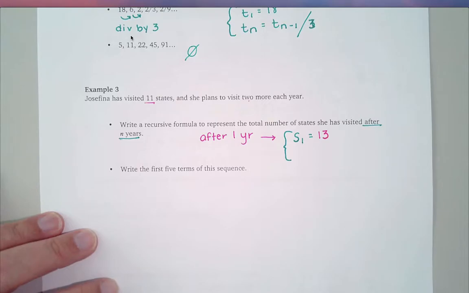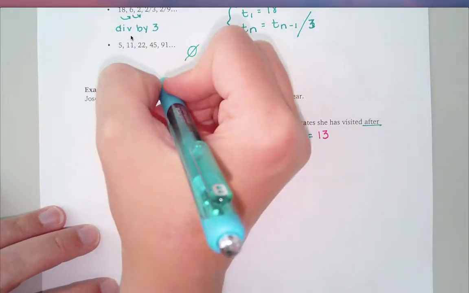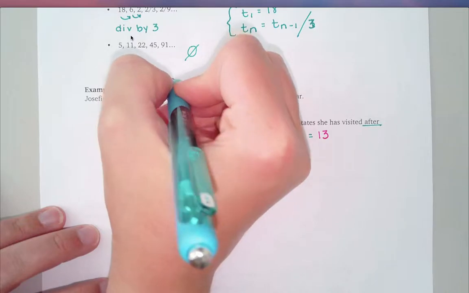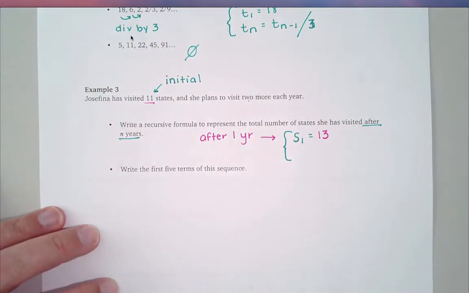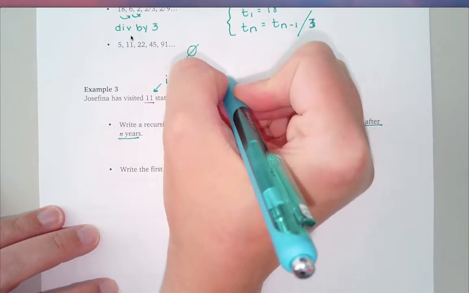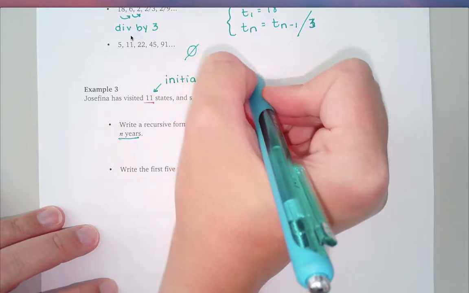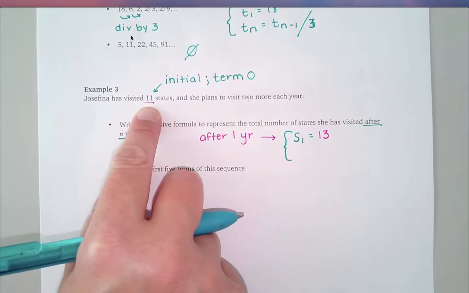Okay? And that's confusing. I can see why you might be confused by that, but this 11 states is what's known as the initial value in this type of problem, okay? And that means it's actually term 0. So this is how many states I have when no years have passed, okay?